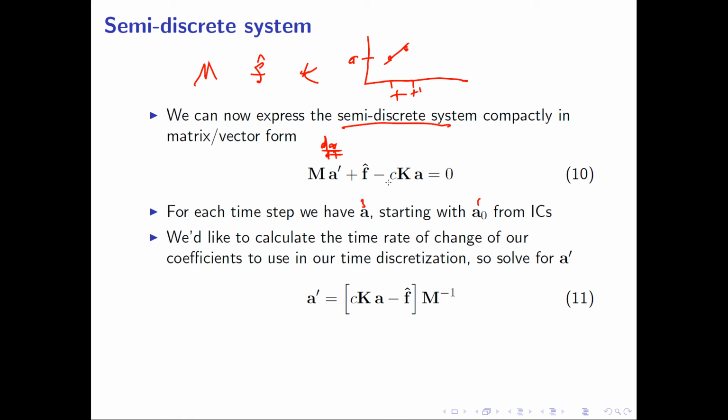So to do this, we add our stiffness, we subtract our element boundary flux, and then we're left with this term here on the one side. So we'll need to multiply by the inverse of the mass matrix, so it cancels out on this side and comes over on this side. So notice in the act of multiplying by the inverse of the mass matrix, we're sort of implicitly solving a linear system.